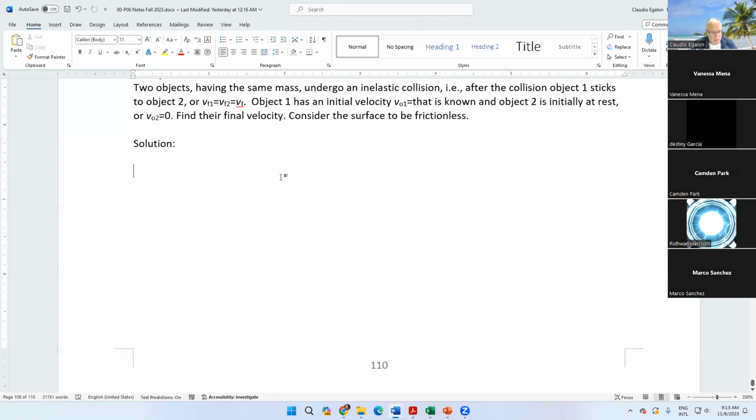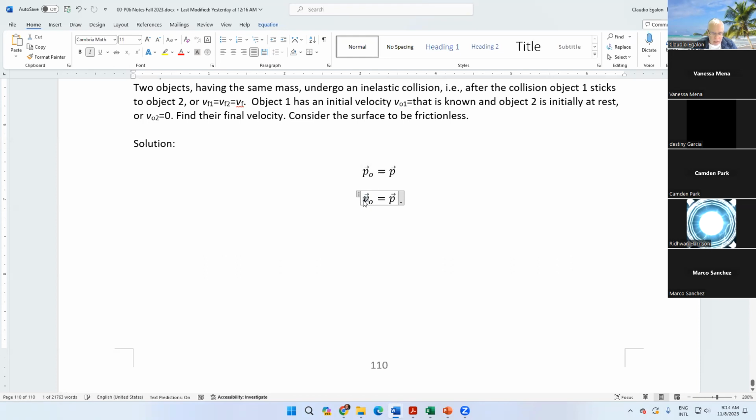And the situation is like the following. P initial equal to P final. Let's do another additional step here.